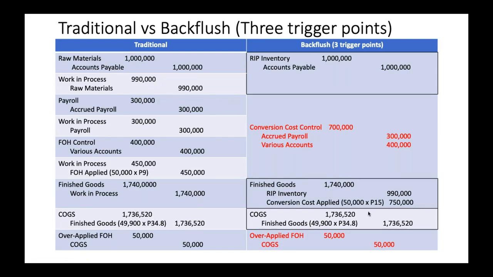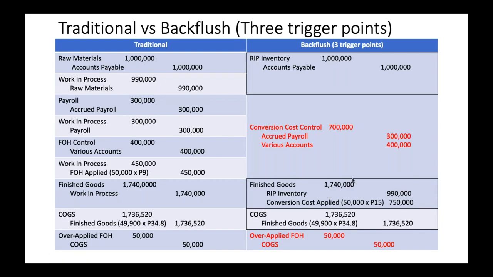How did we know that the completed goods cost 1,740,000? We have a predetermined standard unit cost of 34.8, and we completed 50,000 units.